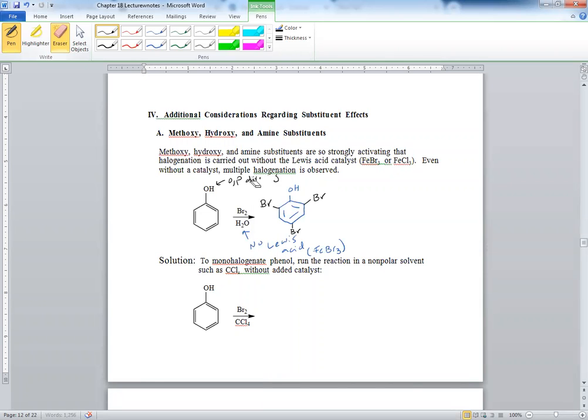Let me just fix the directing here. Ortho-para, we'll just leave it at ortho-para. Now, there's a solution to that. If you want to monohalogenate rather than polyhalogenate, what you can do is run it in a nonpolar solvent, which is carbon tetrachloride. Water was a polar solvent.